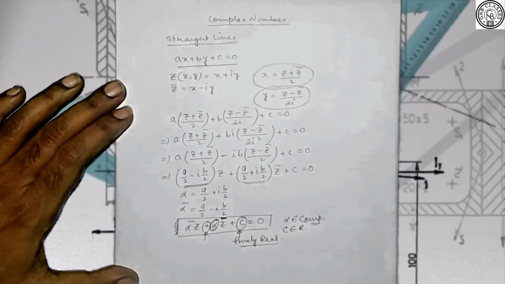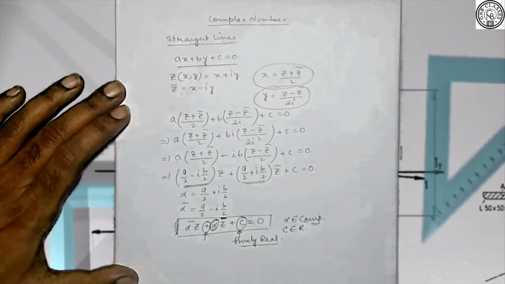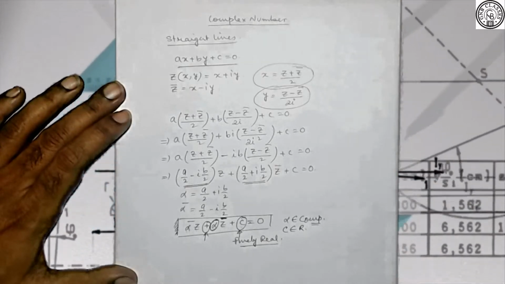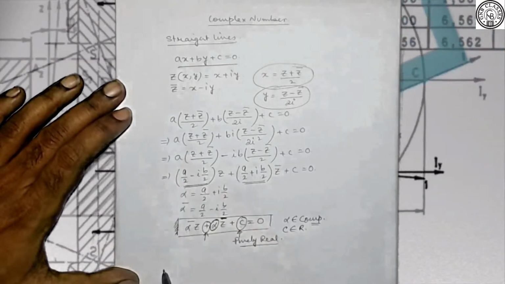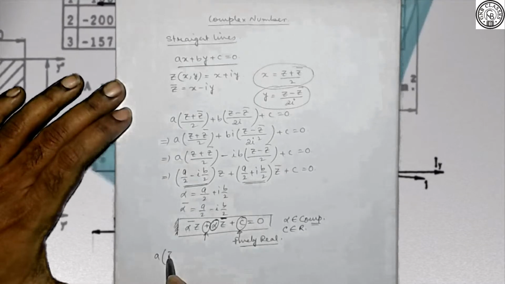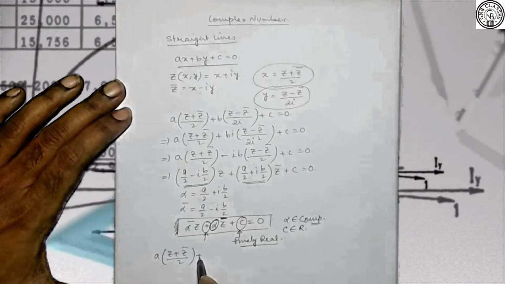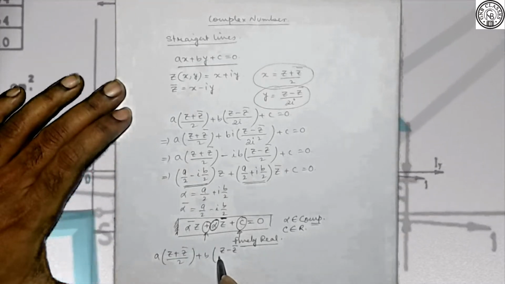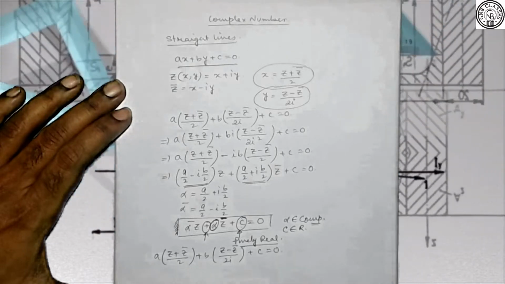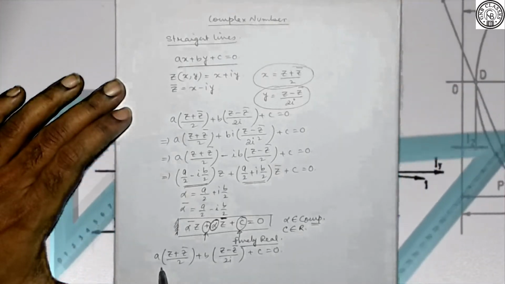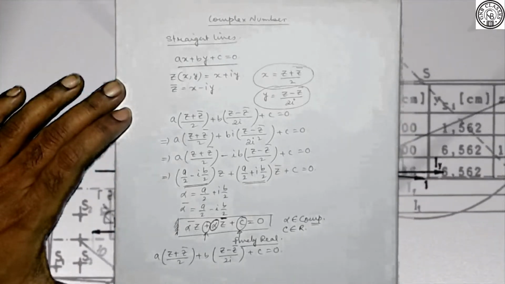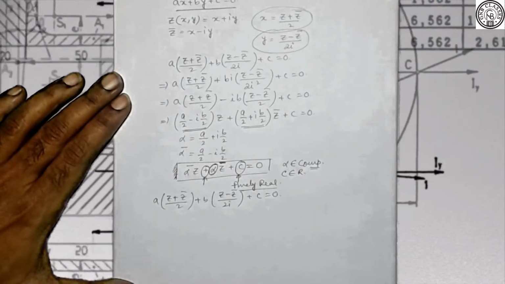Okay? Now, let me write the same equation in another form. Please look at it carefully. We are having, right? Now, if I multiply with i on all sides, what we are going to have?